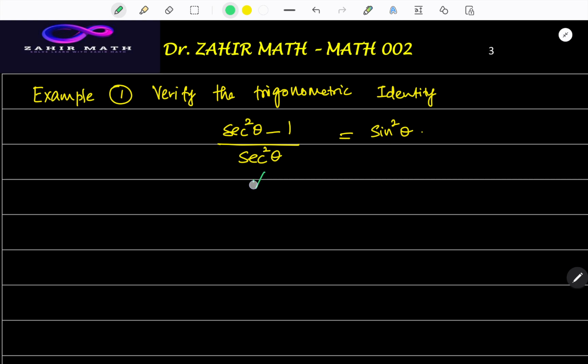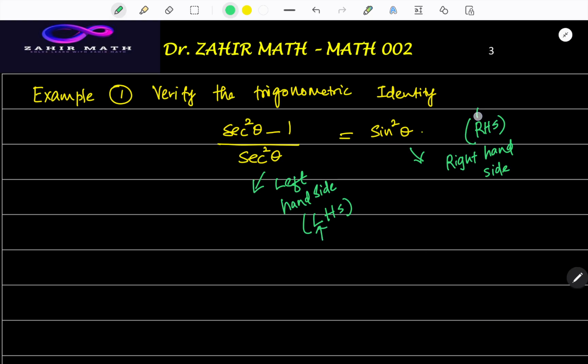This side we normally call the left hand side. This one we call the right hand side. In short form we write LHS and RHS. L means left, R means right. You can also simply write L, simply write R, no problem.